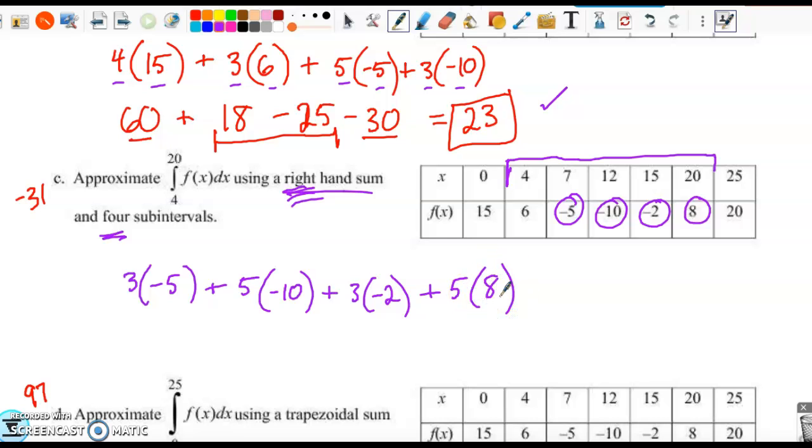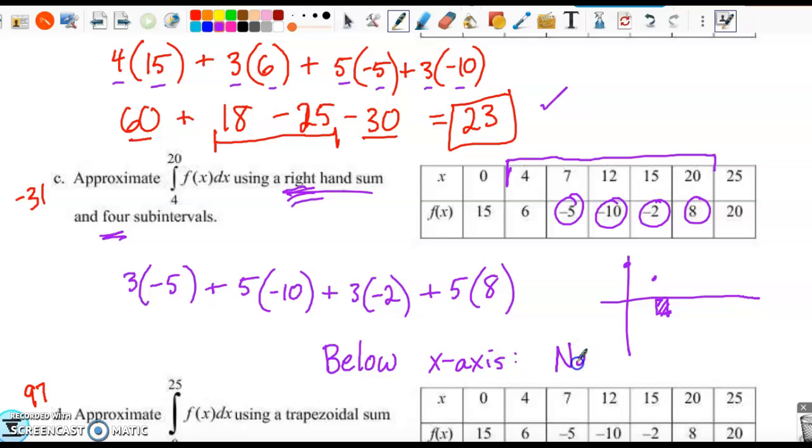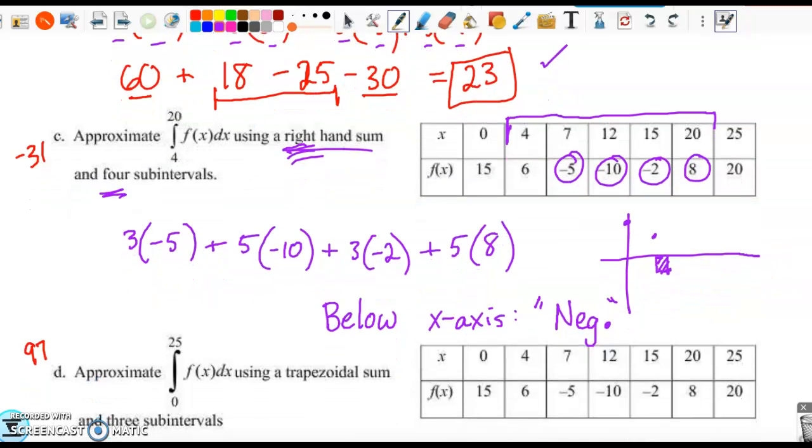And if it helps, you can go ahead and graph this. And I guess I should mention, so 0, 15, 4, 6, 7, negative 5, as you find these areas, if you're below the x-axis, we'd consider this a negative area. I know that sounds weird because I said area, and area is always positive, but it takes on a negative value.